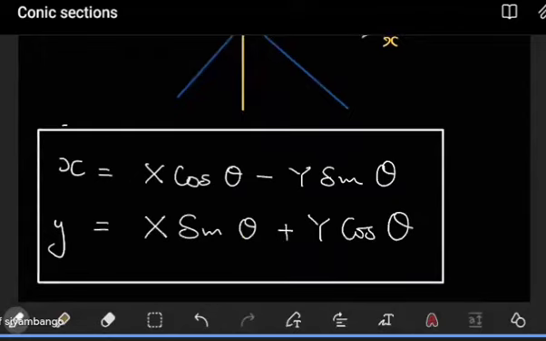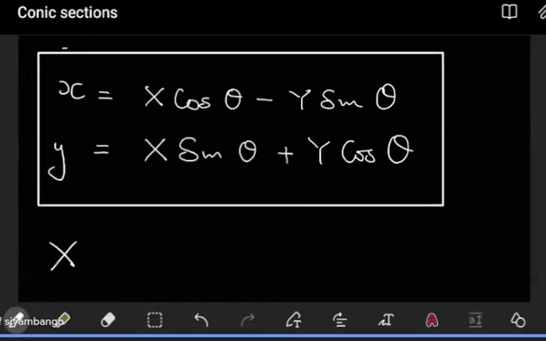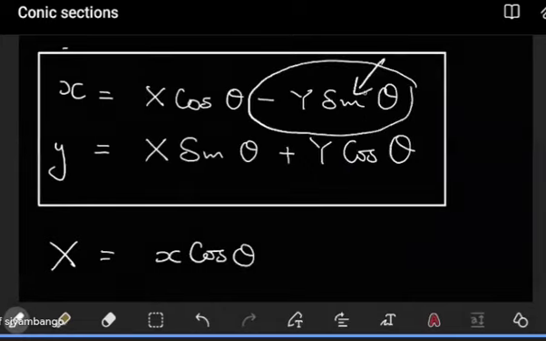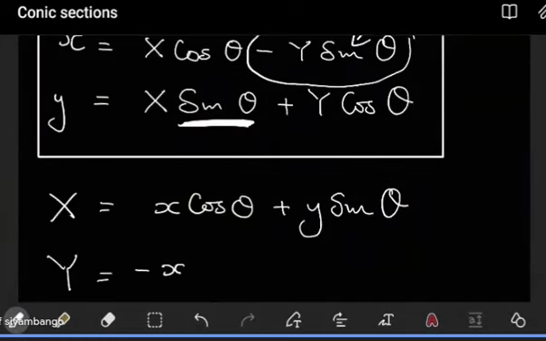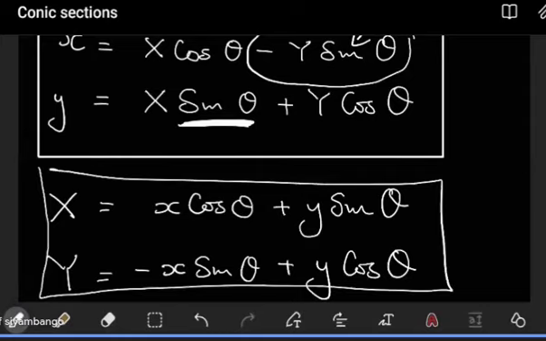And when you have to make capital X the subject, it will still be exactly the same cos and sine, but now it will be small x cos theta, and the term that has the sine will change signs. So if this is minus, it will now be plus, y sine theta. In the same way, capital Y, now see that sine is here, so its sign will change to minus, and then this remains.